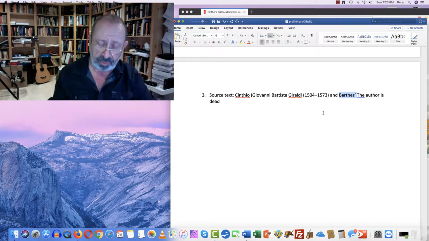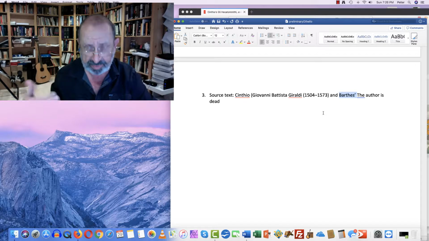What matters is how we interpret the text. And one implication that even goes beyond this is that the author himself or herself is completely irrelevant to the meaning of the text. And that's because we rarely know an author's intention when they were writing a story.